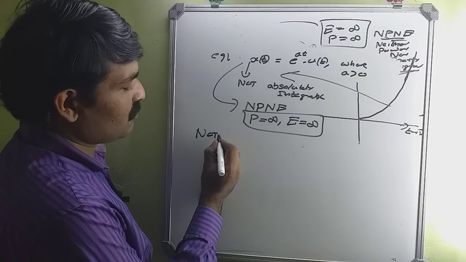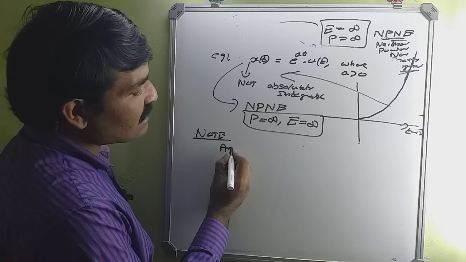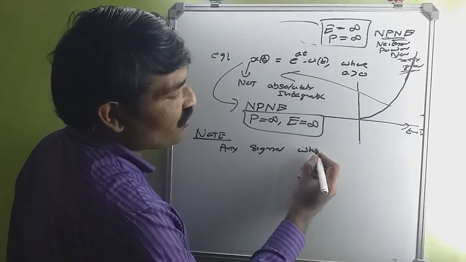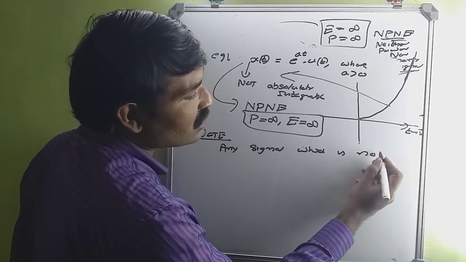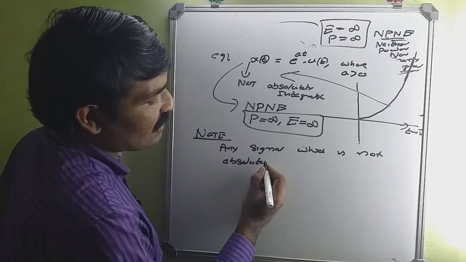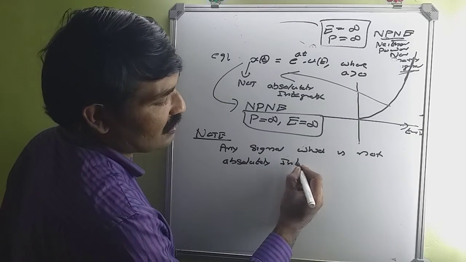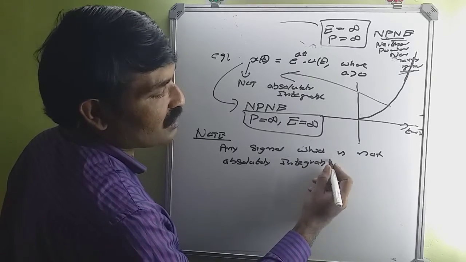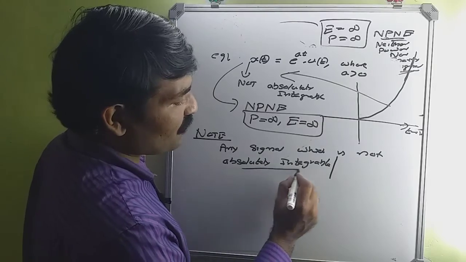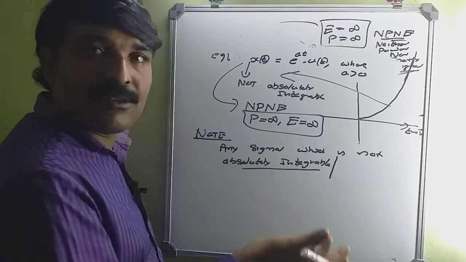That means any signal which is not absolutely integrable. This is in the case of a continuous time signal. The integration becomes changed to summation.